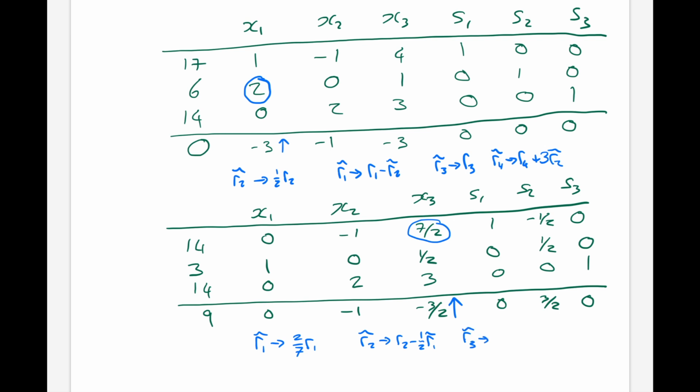R3 becomes our old R3 minus 3 lots of our new R1, and R4 becomes our old R4 plus 3 over 2 lots of our new R1. And we can perform those row operations to get the next tableau in the iteration.